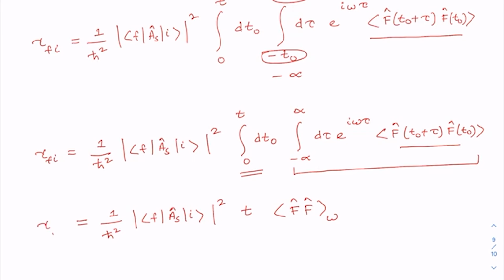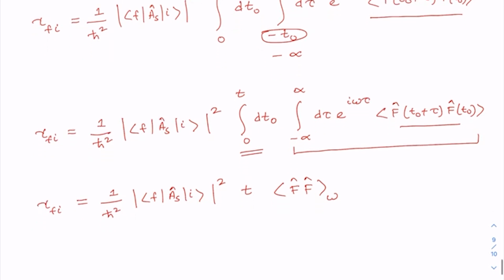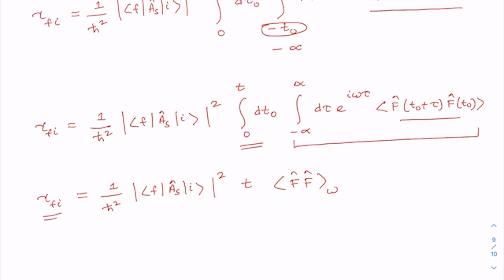I have to make a small correction here. This gamma fi is the transition probability, but when I wrote down the Fermi golden rule formula, that gamma fi denotes the rate of transition probability. So rather than gamma fi, let me write it as capital gamma fi.